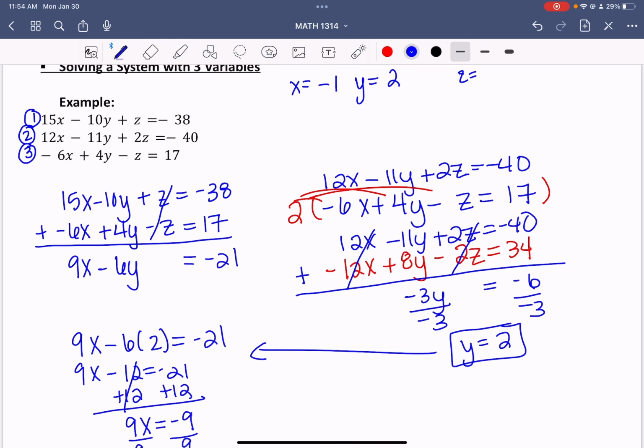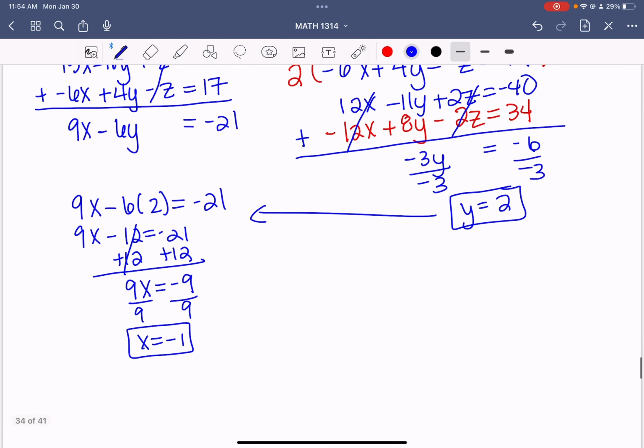Now, in order to find my z value, all I need to do is plug into one of the original equations. I'm going to plug into the top one. It doesn't matter which one I plug it into. So I take 15x minus 10y plus z equal to negative 38, and plug in the values I know. I know my x is negative 1 and my y is 2.